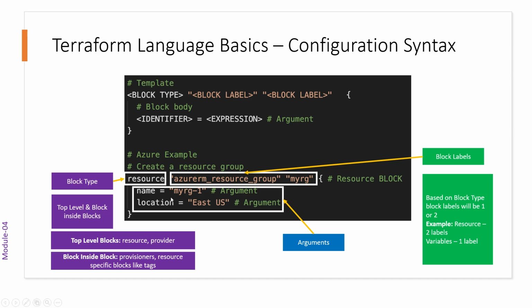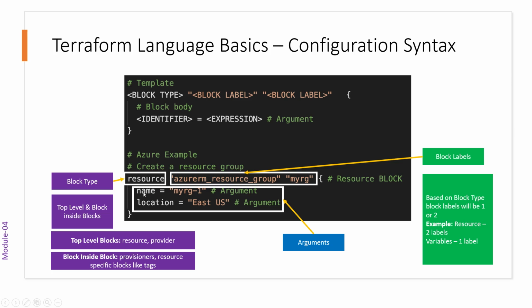All of this is called an argument. Under this block type, which is about the resource group, you have key and value; I can call them identifier and expression. The left side is known as the identifier, and the right side is the expression, or argument value.